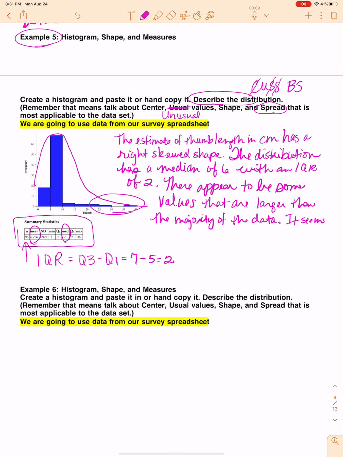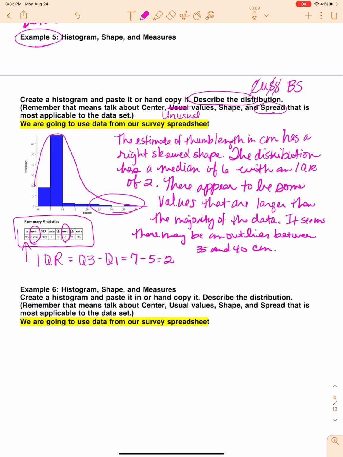It seems there may be an outlier between 35 and 40 centimeters. And if you talk practically about this, it will do so much for you.